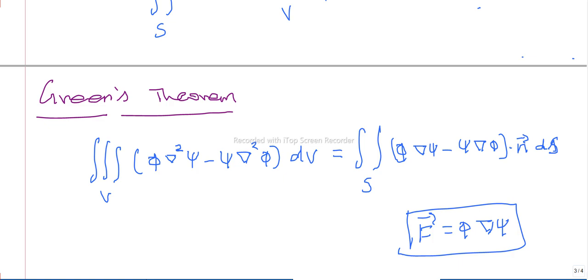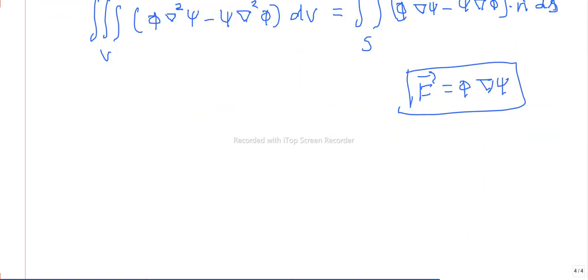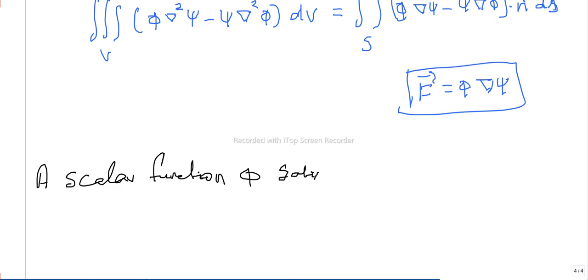Another topic is the harmonic function. A scalar point function phi is said to be harmonic if it satisfies the condition del square phi equals 0.